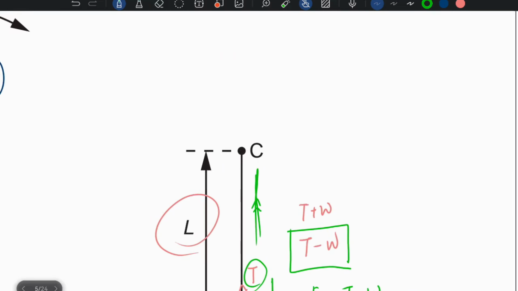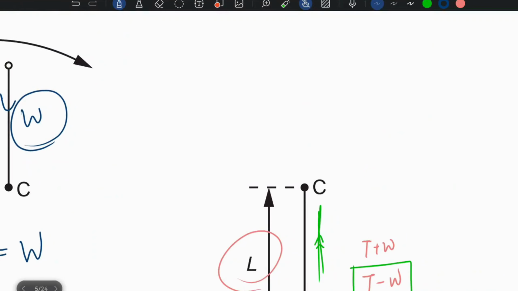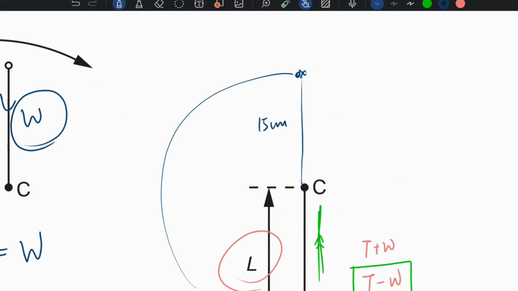Let's say like I mentioned just now, it goes up after a vertical circle, perhaps it reaches here, and let's say at this point the length is 15 cm. So it's extended, and extended means you have tension. That means you have both tension and weight.